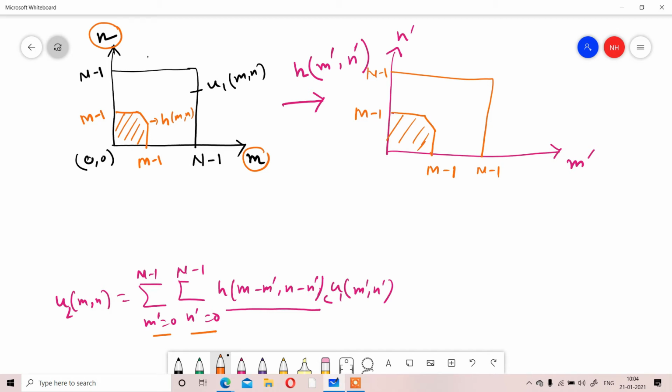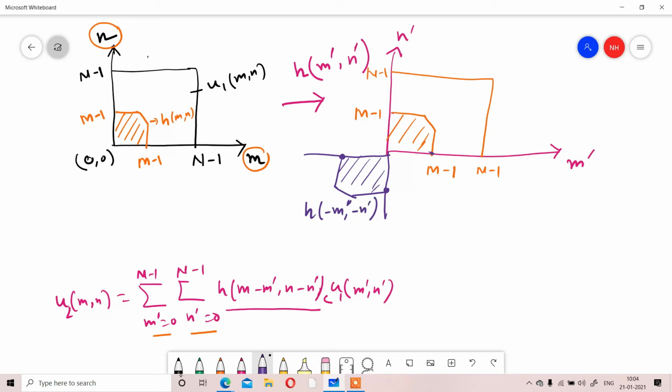Minus m' minus n' means simply that portion will come here, that portion will come here, and you will get the mirror image. So if we draw the mirror image, you will get that. So that will be your h(minus m', minus n').